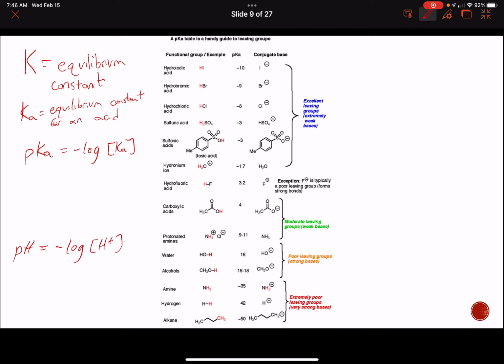Taking a look at this chart just to give you some idea of what's going on. We know that HCl and sulfuric acid are strong acids. And guess what? HBr and HI are very strong acids as well. Not ones you need to memorize for this course, but they are extremely strong.